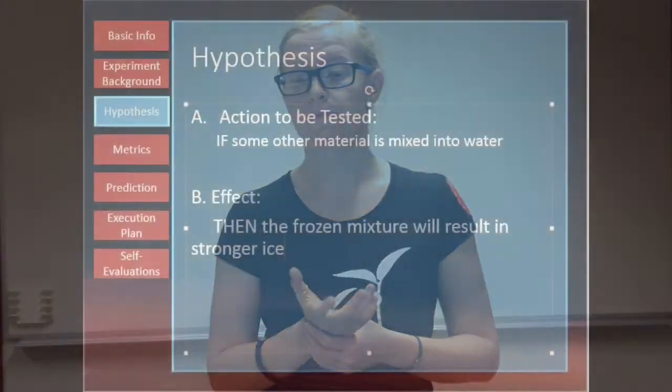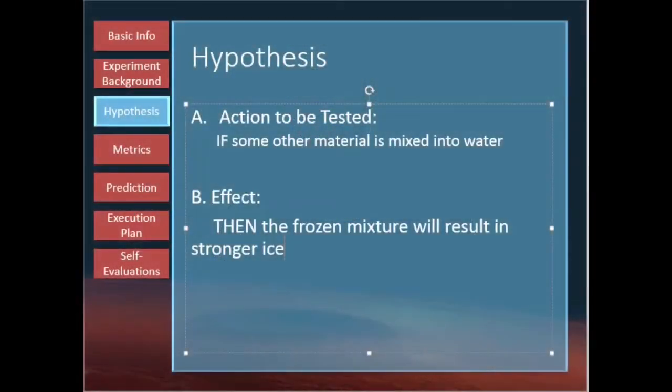Or simply put, if I do A, then B will happen. So once again, let's go back to the document and read it. If some other material is mixed into water, then the frozen mixture will produce stronger ice.